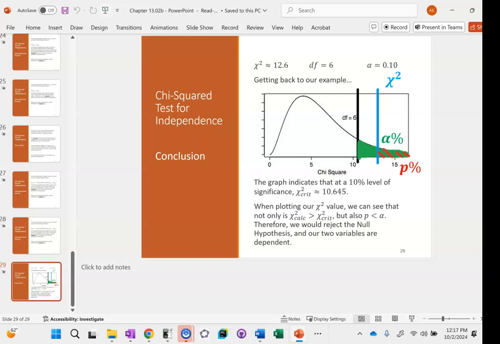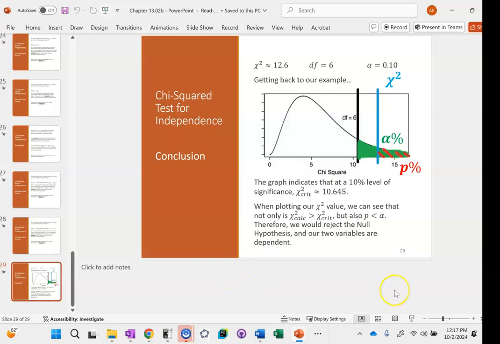Notice that p is less than alpha, or we could say that chi-squared critical is less than chi-squared calculated. Either case is going to be rejecting the null. Yes, sir? You don't. It would be given to you in the problem. We're just describing what it means, because I think it helps you remember which one is which.